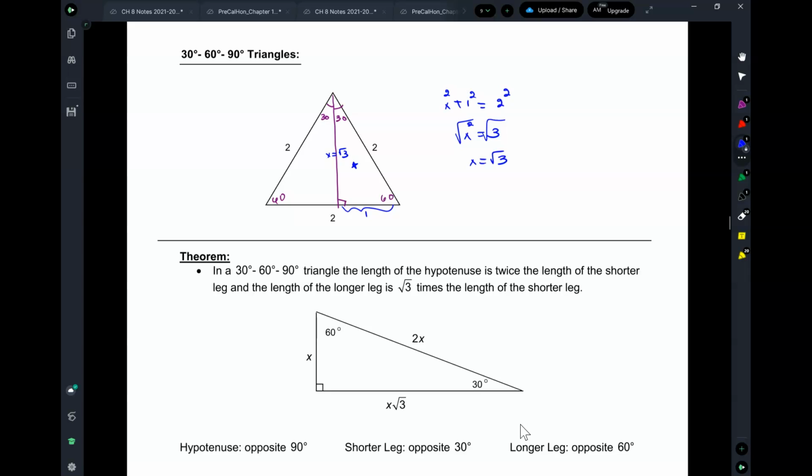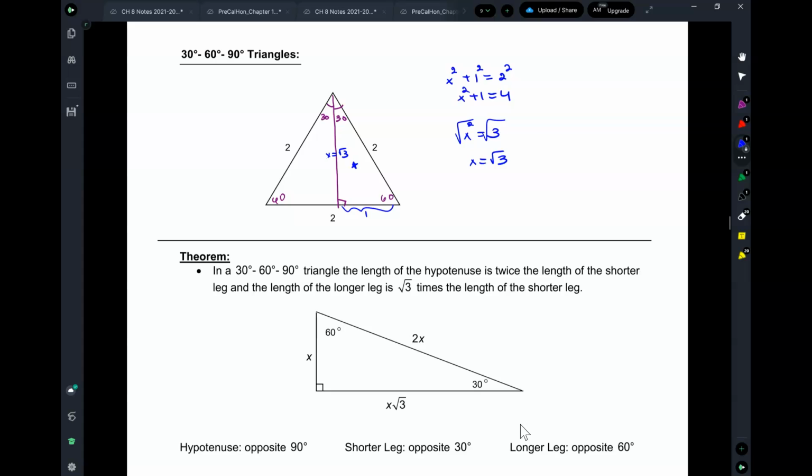So x is root 3. Okay, so of course, if we had a different equilateral triangle with sides of 5, you would get the same relationship.